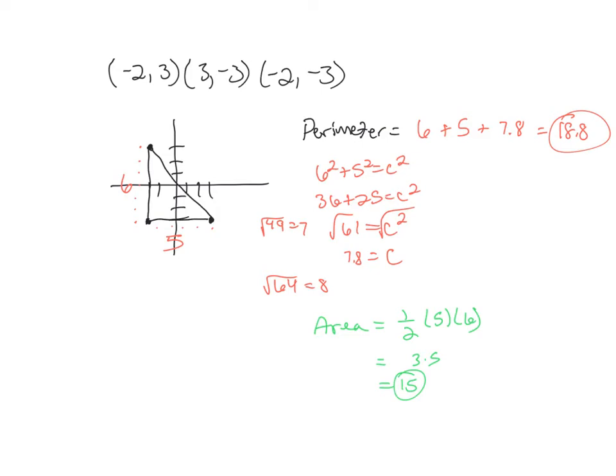Okay, so alright, so let's look at another one that's a little bit more advanced, I guess. It's got a little bit more to it. So if we had 1, 3, 4, negative 3, and negative 4, negative 3.